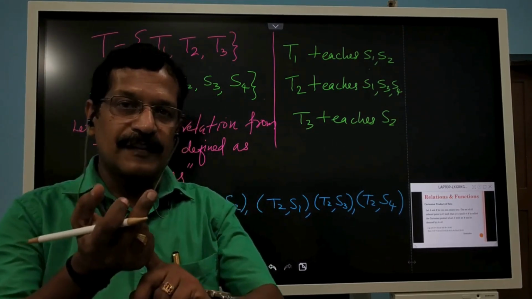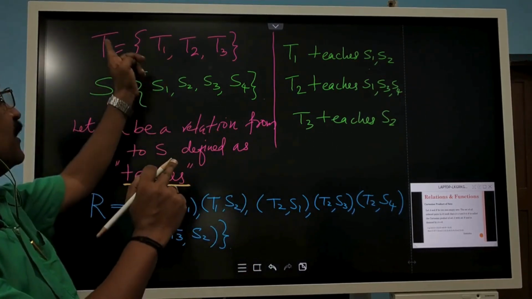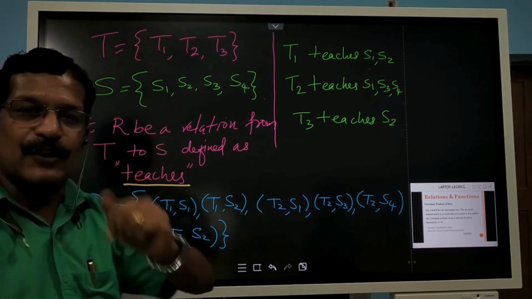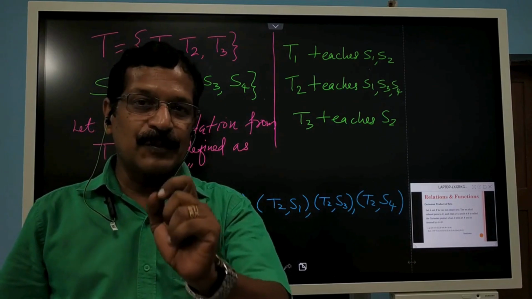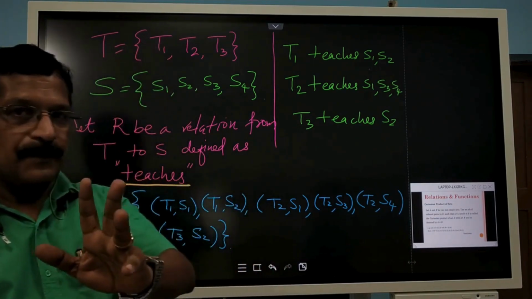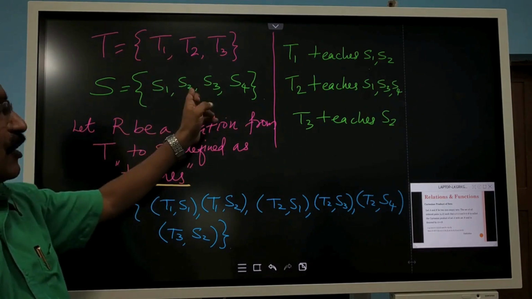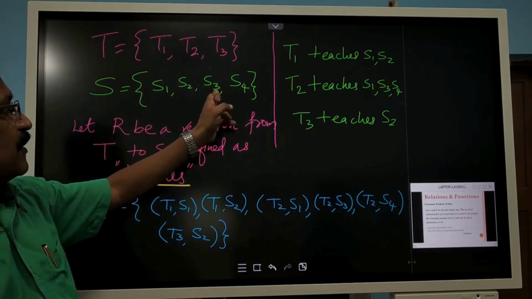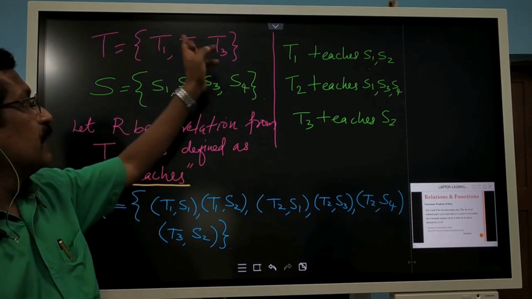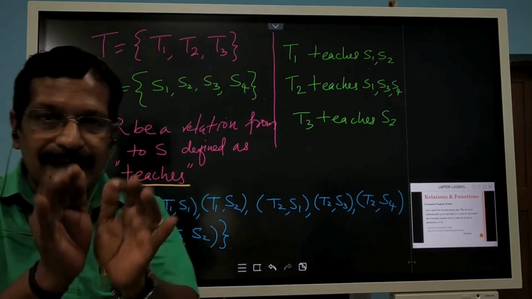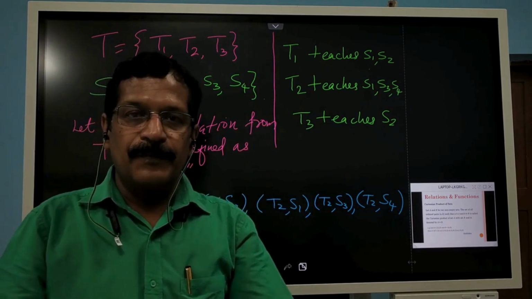Let us think about the Cartesian product of T and S, T cross S. The Cartesian product T cross S will be, everybody knows this, ordered pairs T1 S1, T1 S2, T1 S3, T1 S4, same way T2, same way T3. So we are getting a collection of ordered pairs.